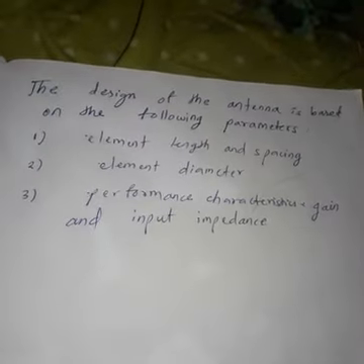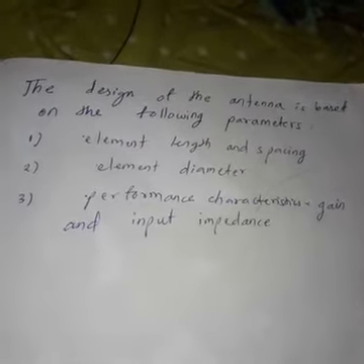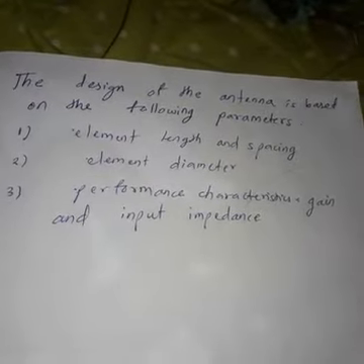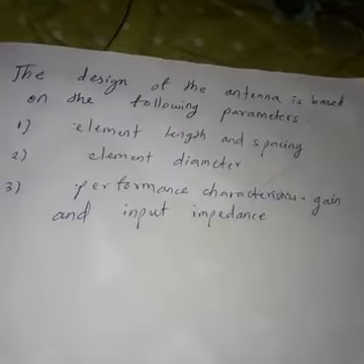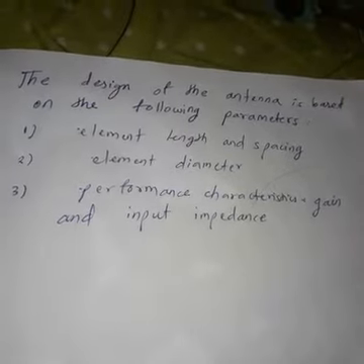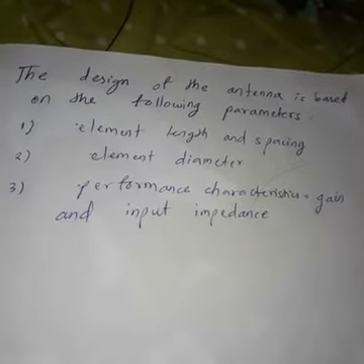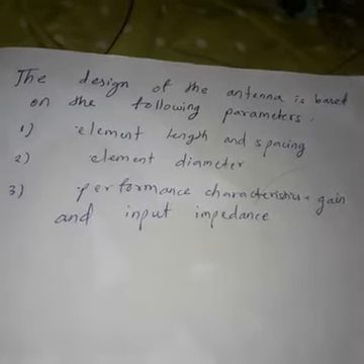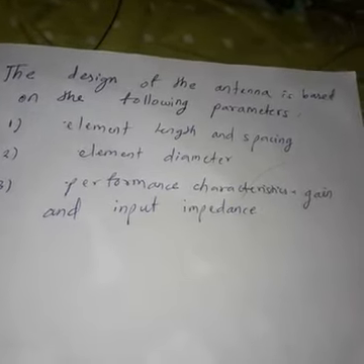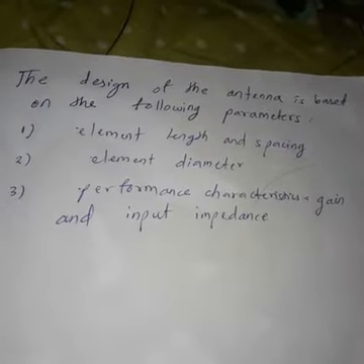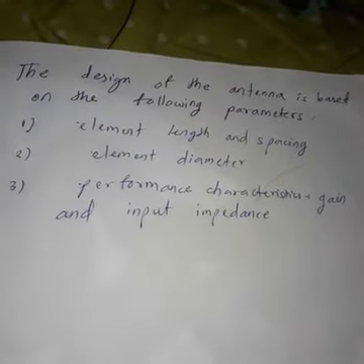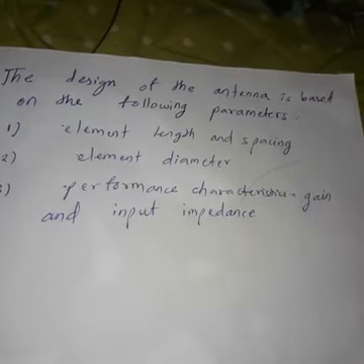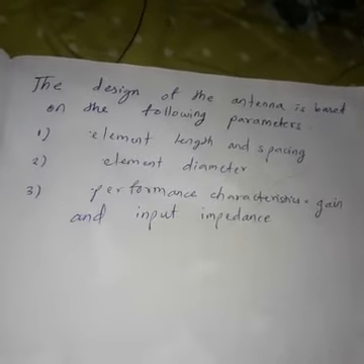Okay, so the design of the Yagi-Uda antenna is based on three factors: length of the element and the spacing, that means the gap between the elements, the diameter of the element, and the gain and the input impedance, that means the total input resistance of the antenna. Clear? So gain and input impedance are called the performance characteristics, because from gain and input impedance you can determine the performance of the antenna. So this completes our module 5.